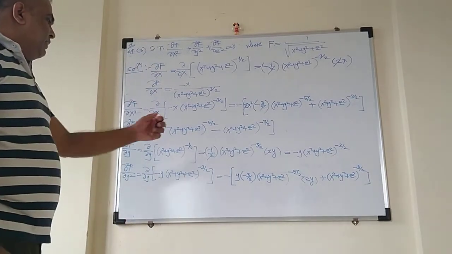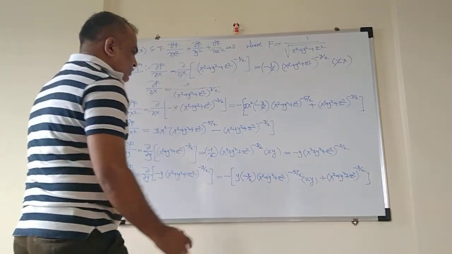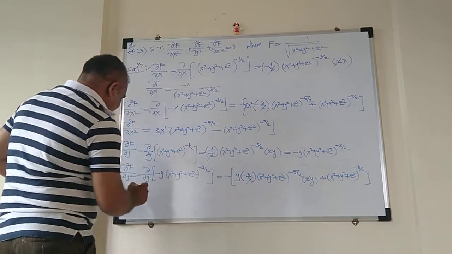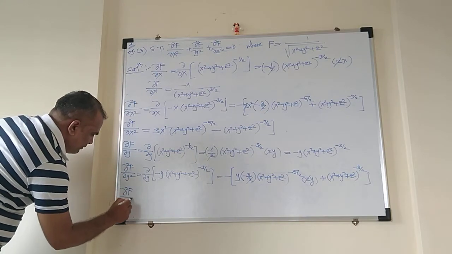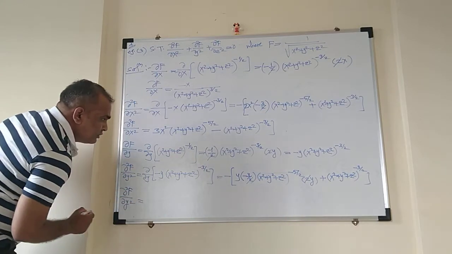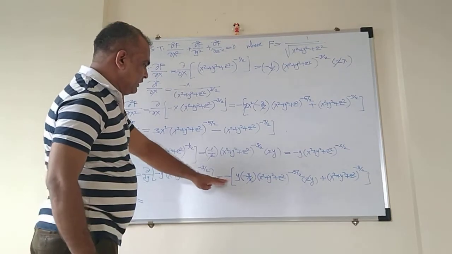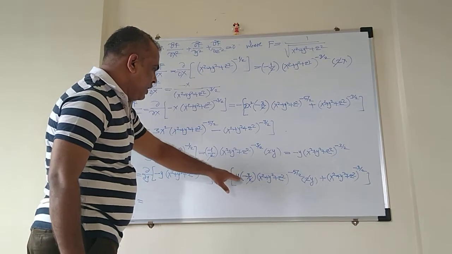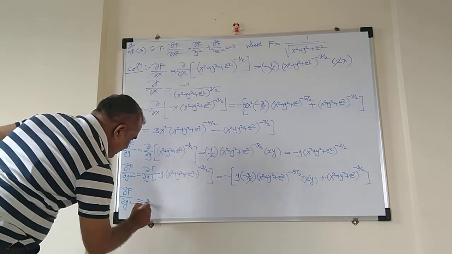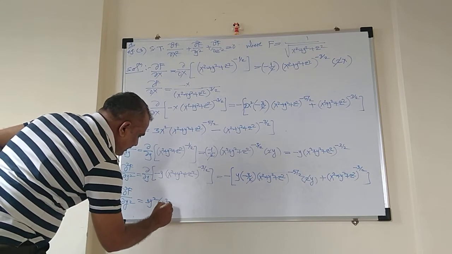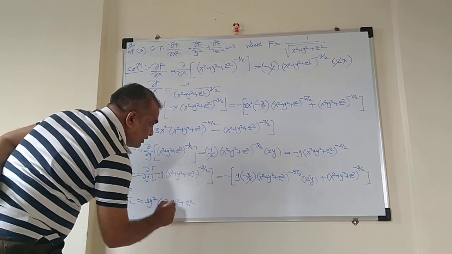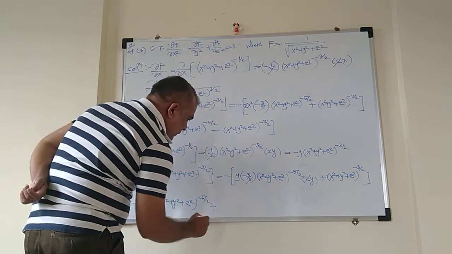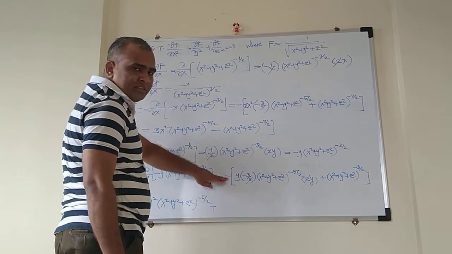Fine. Now simplify this. Once you simplify this, this y gets cancelled, 2 gets cancelled with this 2, and you will get dou 2f by dou y square equals to, let me take this negative sign inside, and you will get positive sign. So 3y and this y will be 3y square, so 3y square into bracket x square plus y square plus z square raised to power minus 5 by 2, plus the second term will be negative once you take this negative sign inside.